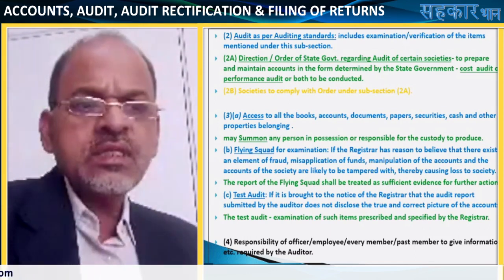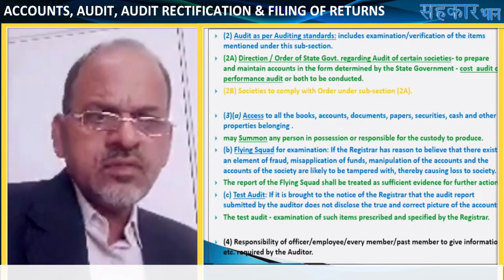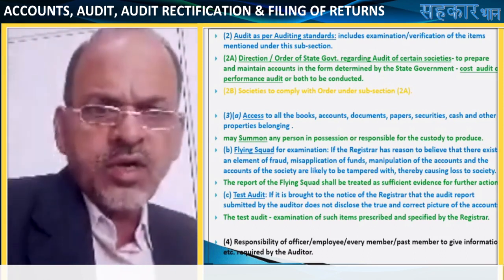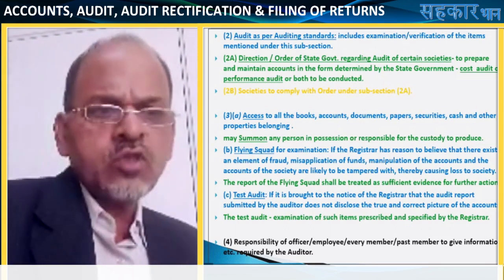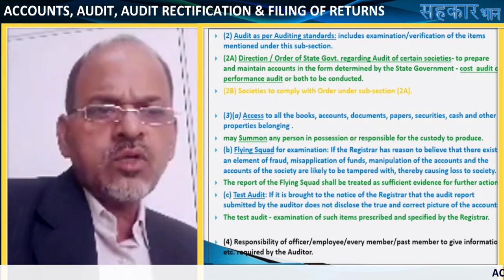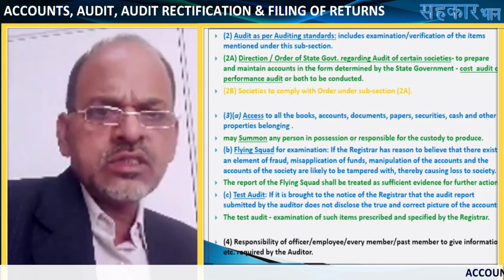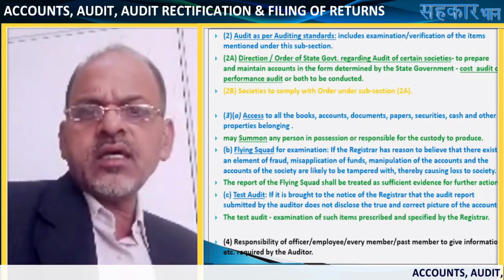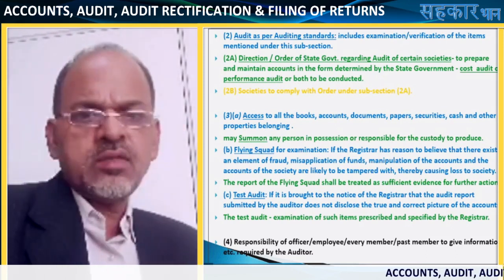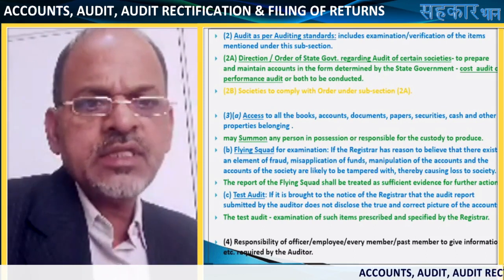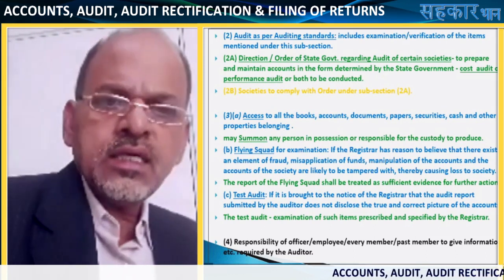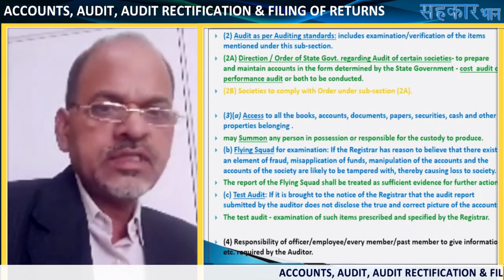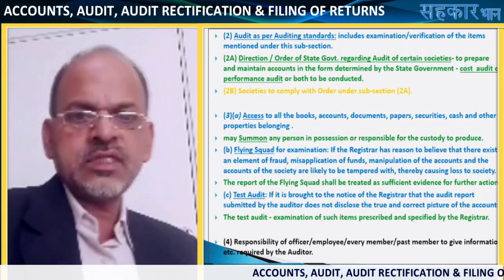If it is brought to the notice of the registrar that the audit report submitted by the auditor does not disclose the true and correct picture of the accounts, meaning the registrar feels that in the regular audit report proper disclosure is not there, then just to recheck, a test audit is there.